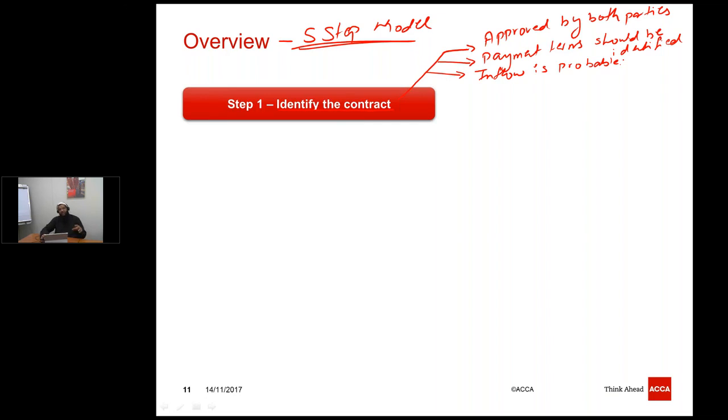This means if I'm selling goods to a customer who is in a financial difficulty, can we record the revenue? The answer is no, because if the customer is in a financial difficulty, the inflow is not probable and we cannot record the revenue in this case.